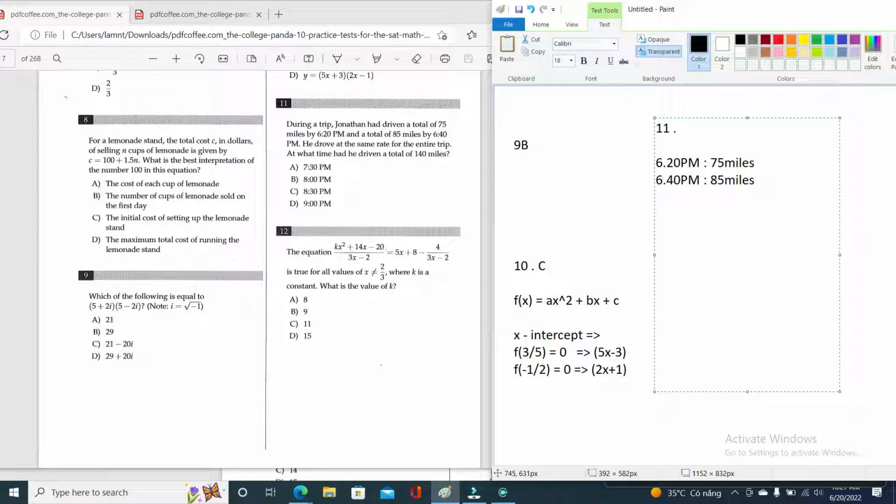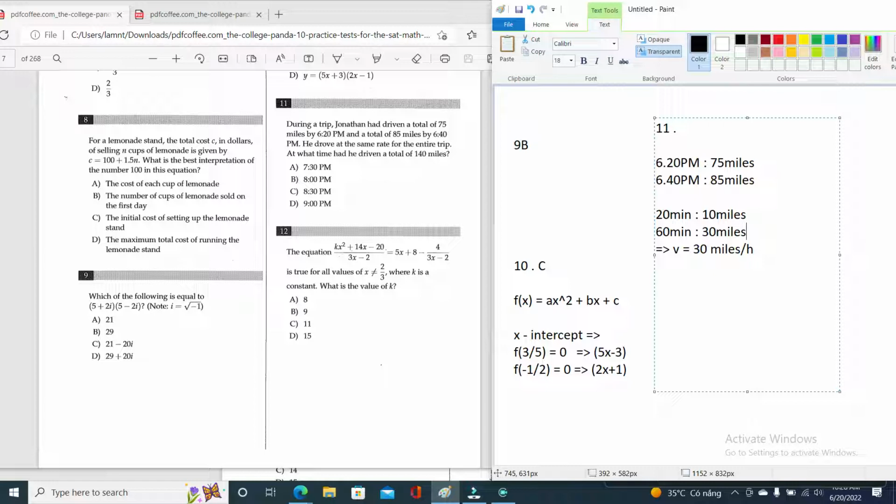This means that he's traveling for 20 minutes and he's traveling 10 miles. So this also means that his speed, his velocity, is, okay, 20 minutes is just a third of an hour, so this is actually 30 miles per hour, right? So 60 minutes corresponds to 30 miles.